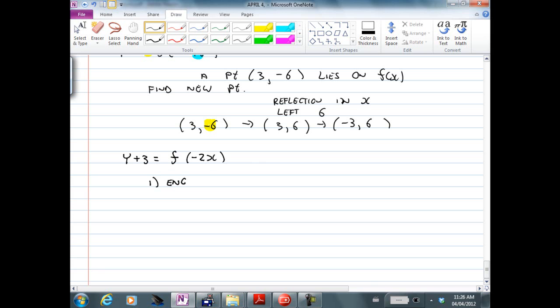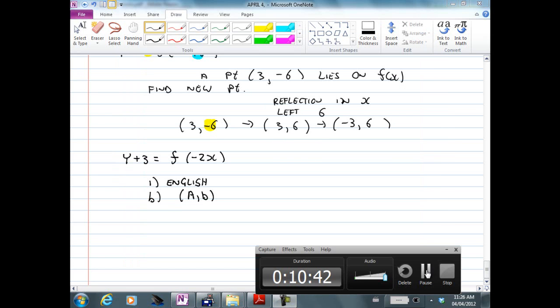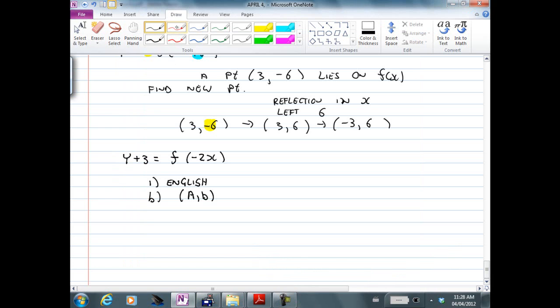English. Nope. Your point is going to be (A, B). Oh, (A, B). That's a tough one. Guys, gals, in English. One thing. 3 down is correct.